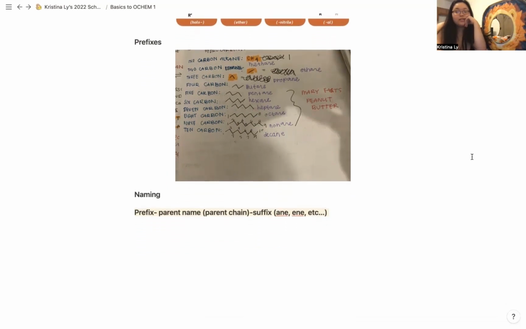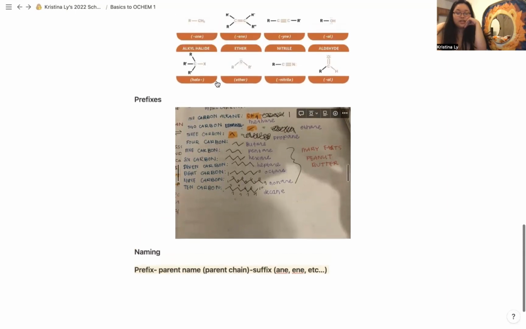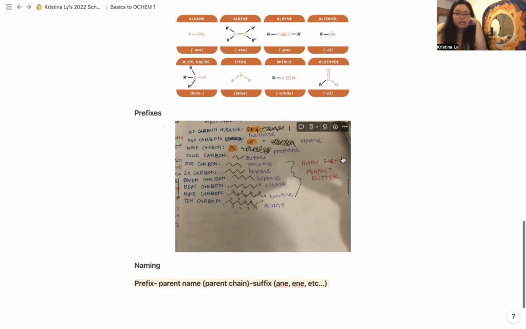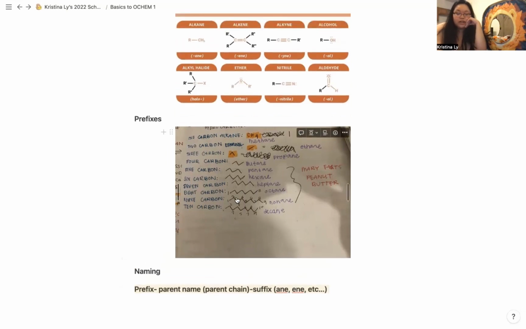And then getting into naming it gets more complicated, but when you get the hang of it, it becomes easier. But for right now, how to set up naming compounds is that you put the prefix first, and then you have the parent name, or what is called the parent chain, which is what I've showed you.